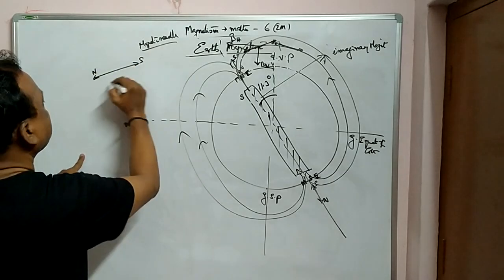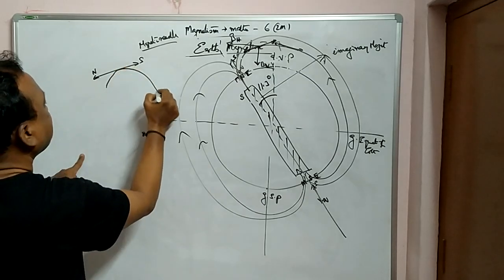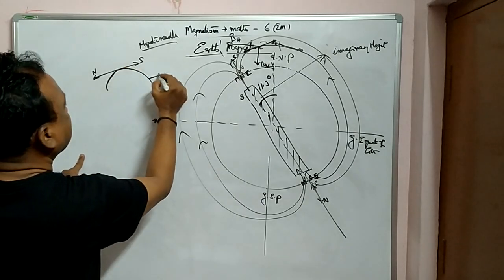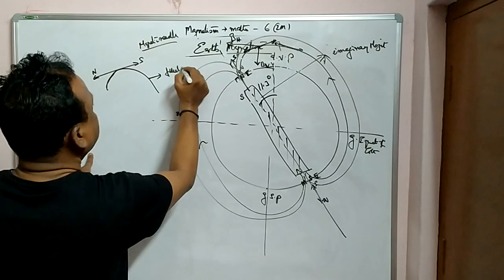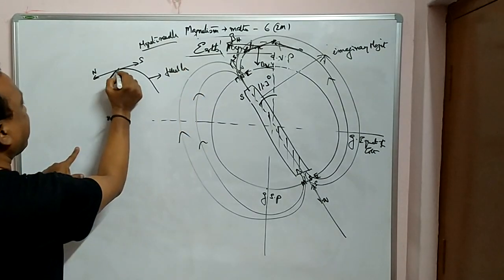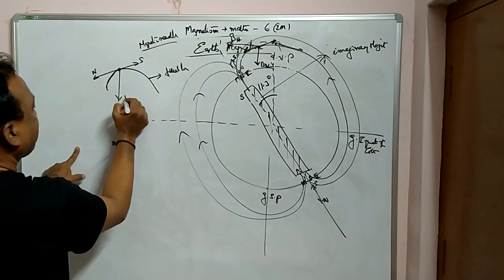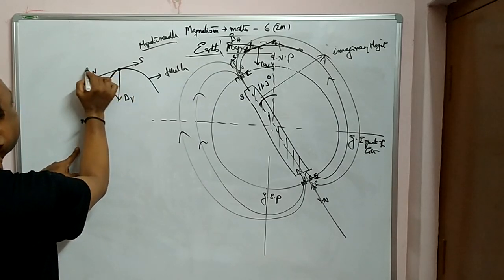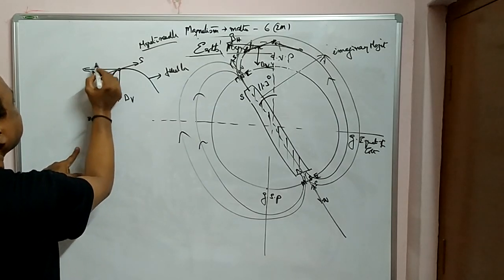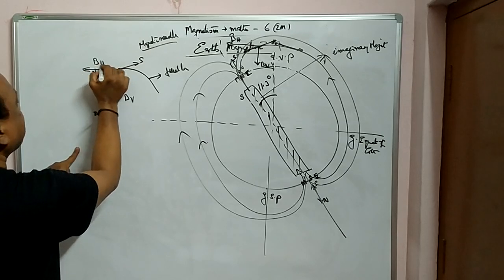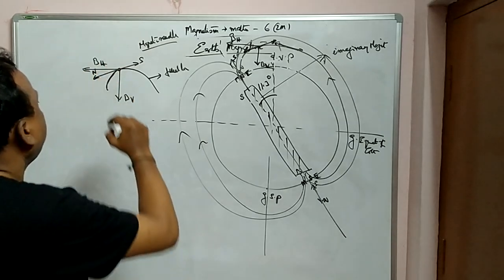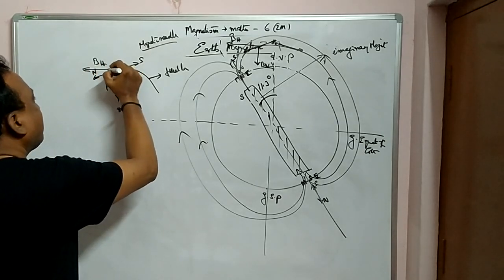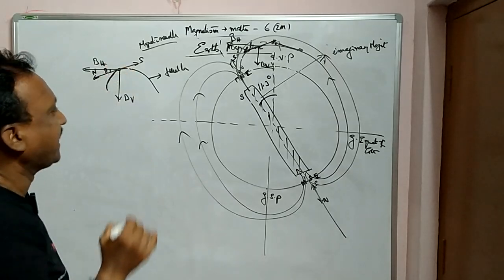This is the line I have shown there, the field line. Okay, you can see at this point, this is the vertical component of the field of the earth, and this is BH. And this angle will be called delta, the dip angle.